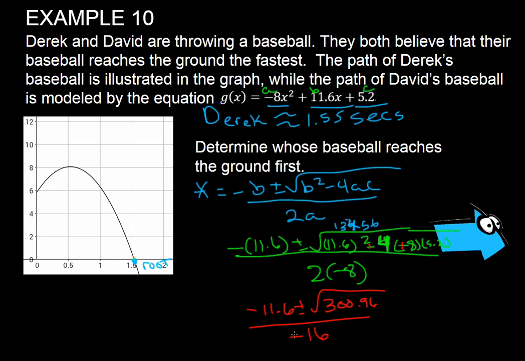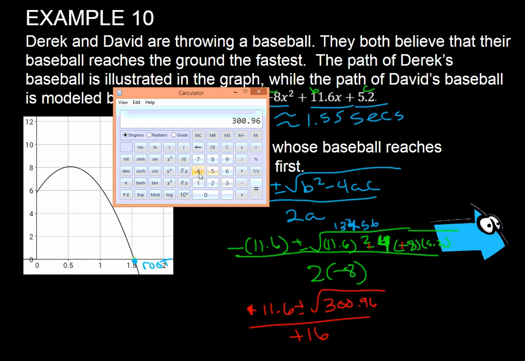Okay, so here we go. Let's figure this out. The negative is going to change that to a positive, so we can get rid of those. Now we're going to take the square root of 300.96, which is 17.348. So we're going to round that to 17.35.